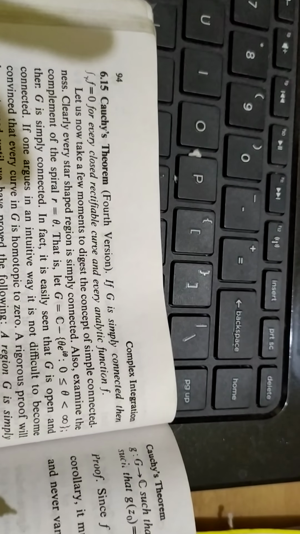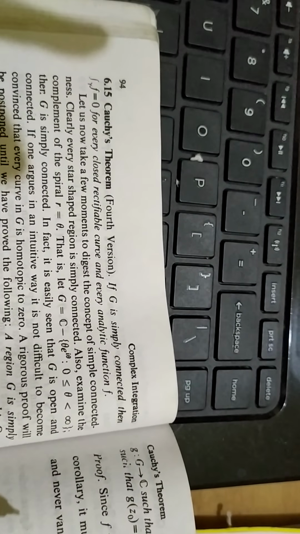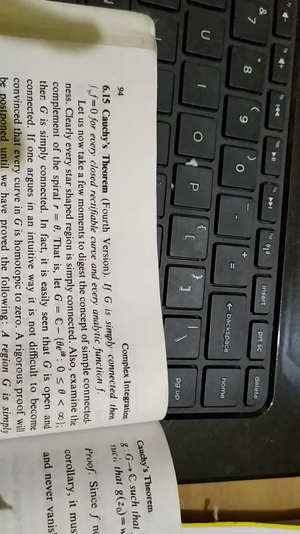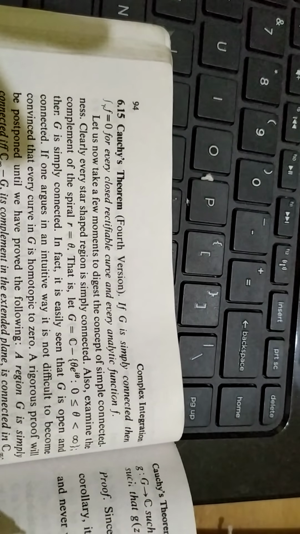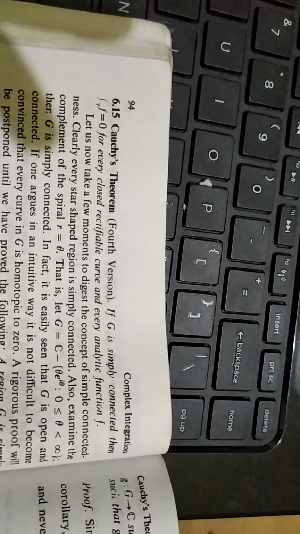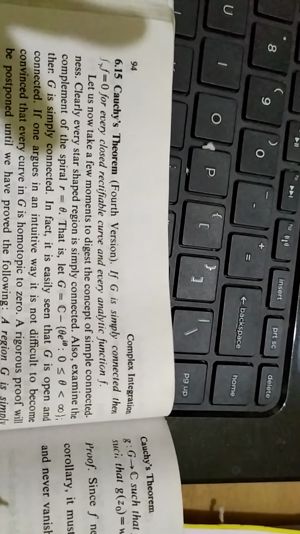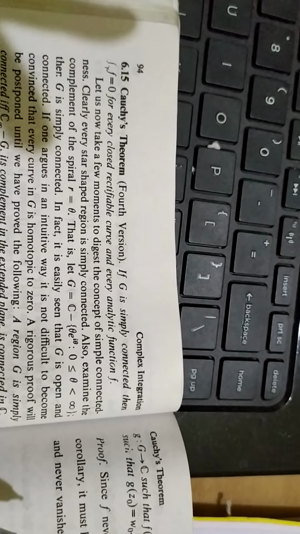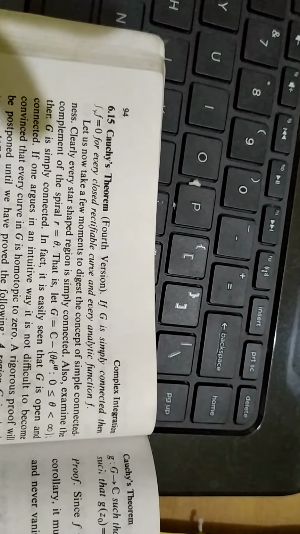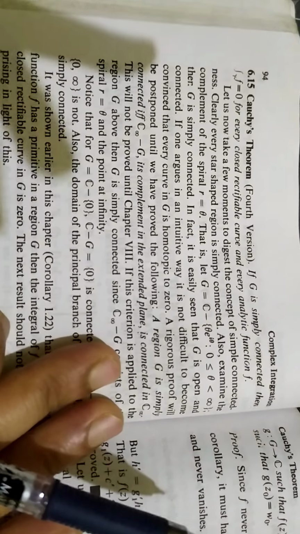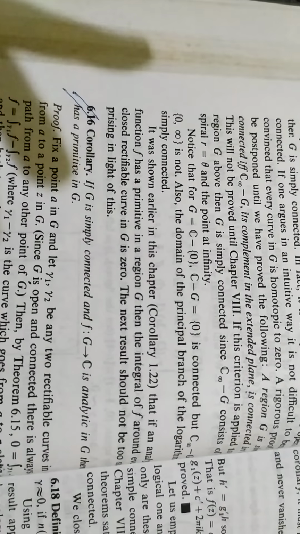Here gamma is a closed rectifiable curve: closed, that is, beginning and ending points are the same; rectifiable, that is, it is a finite curve, we can have the length of the curve. For every analytic function f we have this integral equal to 0 for a simply connected region. This is the fourth version of Cauchy's theorem, which we use to establish this corollary.